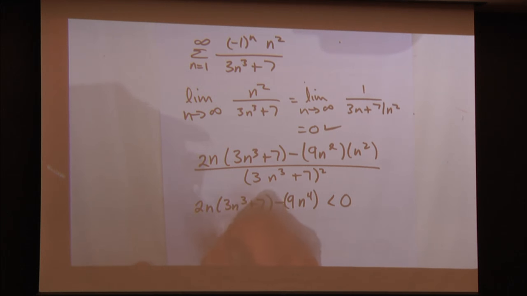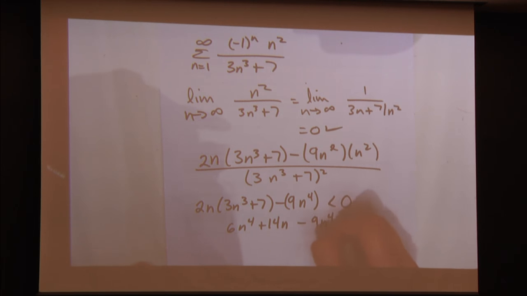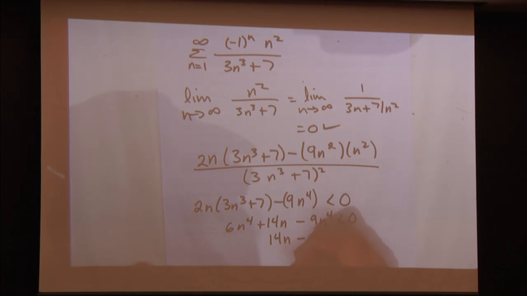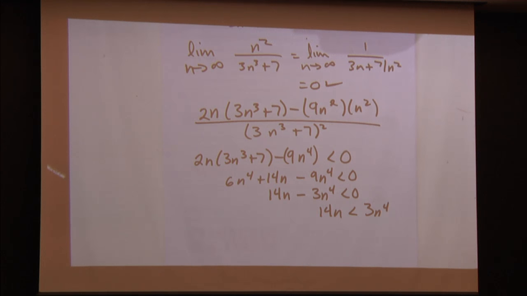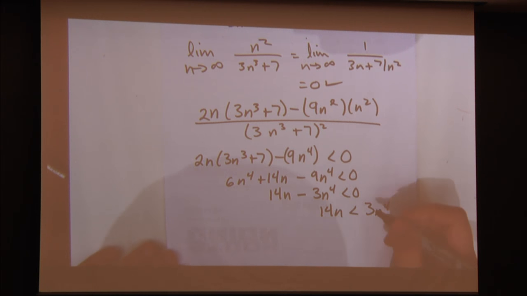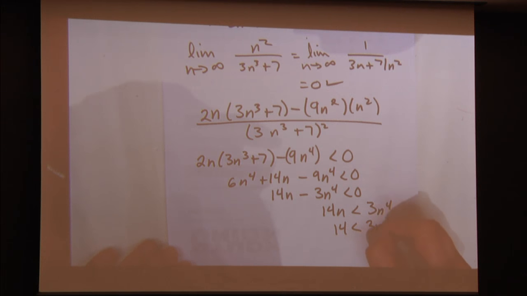If we distribute this, we get 6n to the 4 plus 14n minus 3n to the 4 less than 0, which is really 14n minus 3n to the 4 less than 0. So then we have 14n less than 3n to the 4. What do I want to do? We can say 14 is less than 3n cubed.